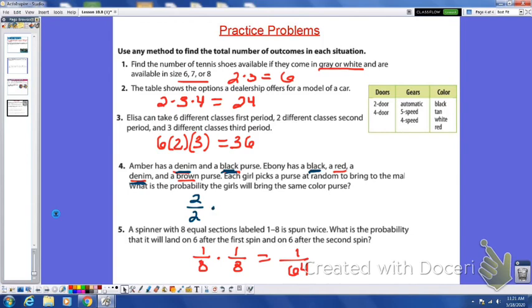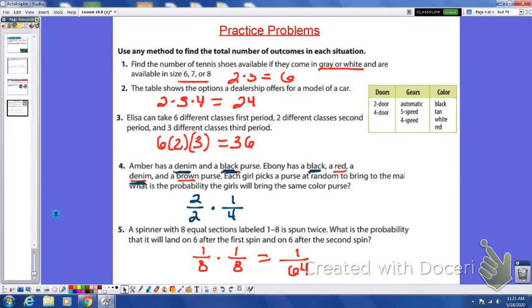Times. Now, if Amber picks a denim purse, what is the probability that Ebony will also pick a denim purse? Well, she only has one denim purse, and she has 4 purses total. Now keep in mind, the same thing would be true if Amber had picked the black purse, because again, it doesn't matter what purse Amber picks.